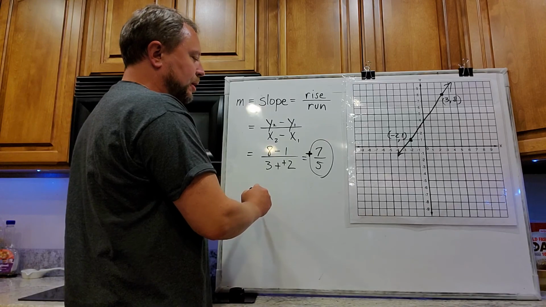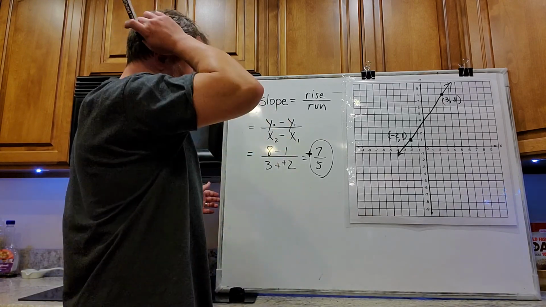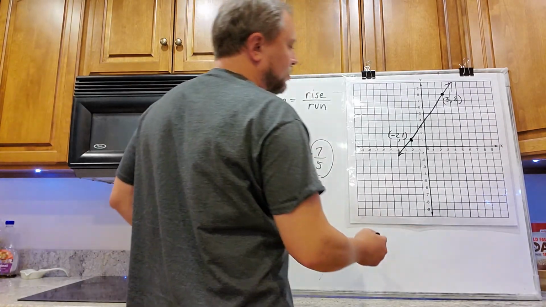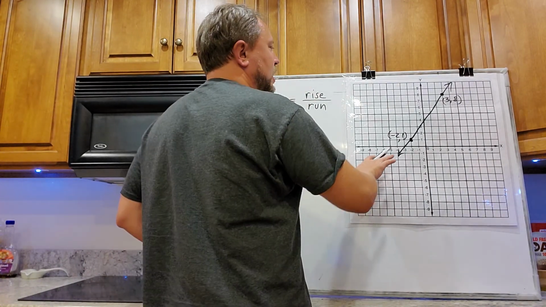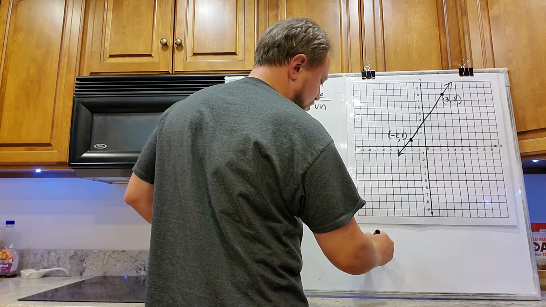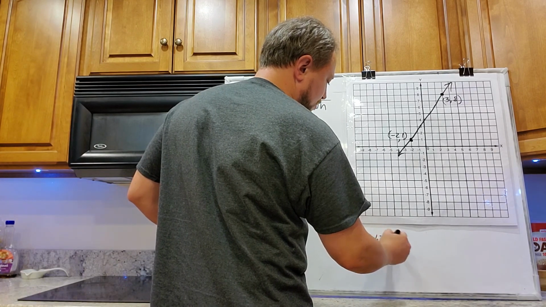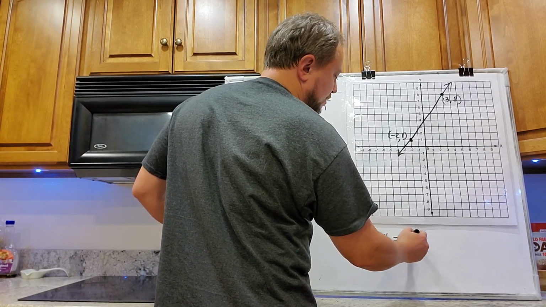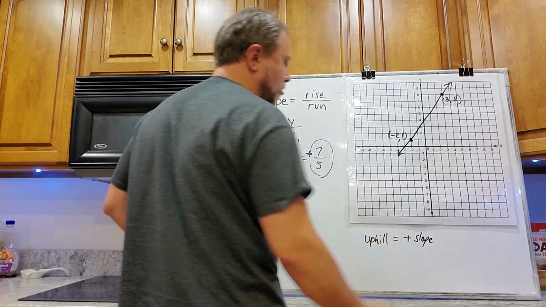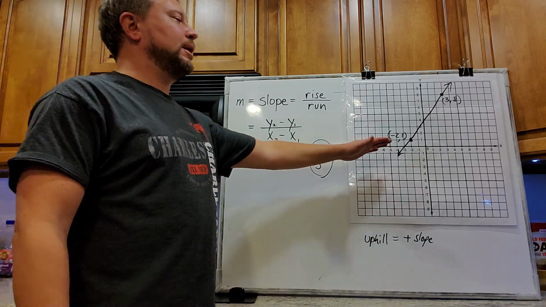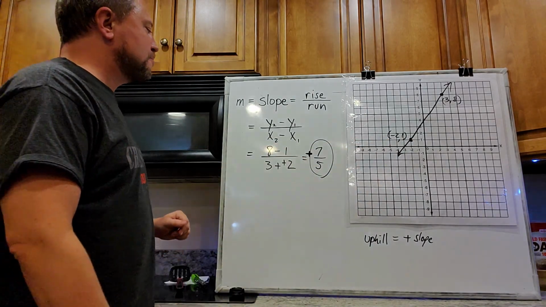Okay, but here, I'll put it down here as a little note to ourselves that if the line runs uphill, that means that it will have a positive slope. So all uphill lines should have a positive slope like that.